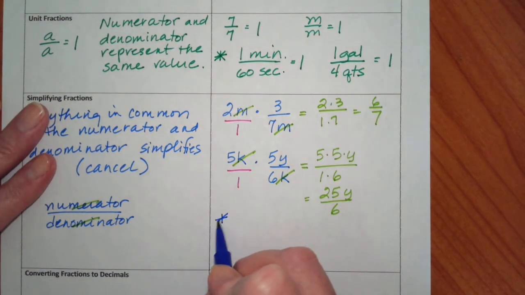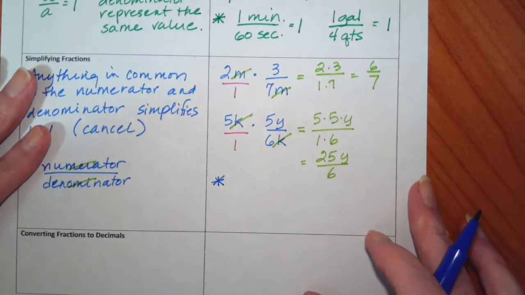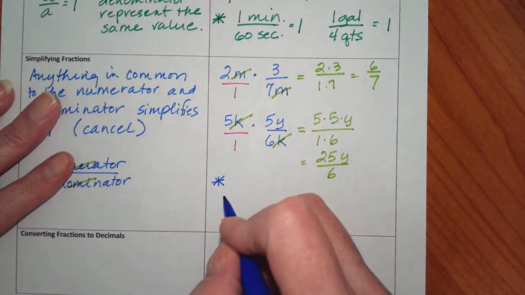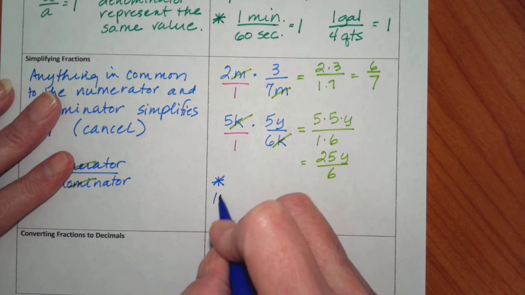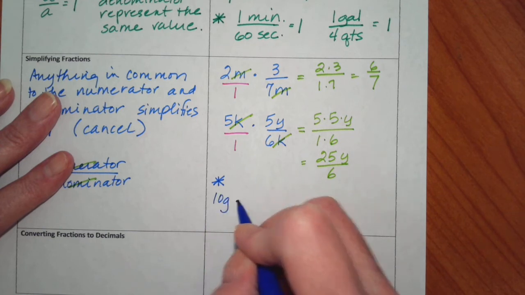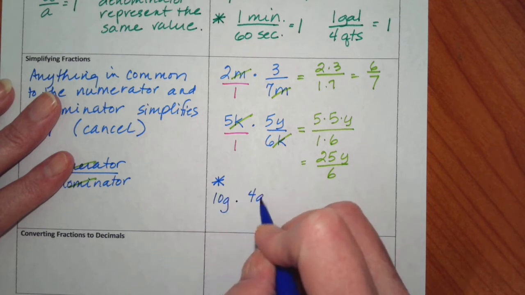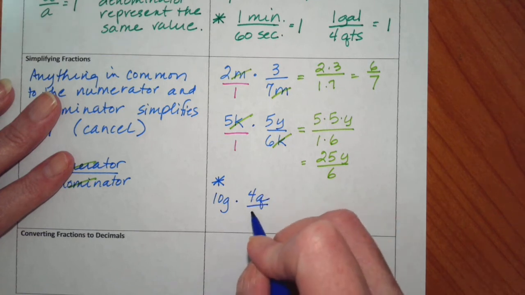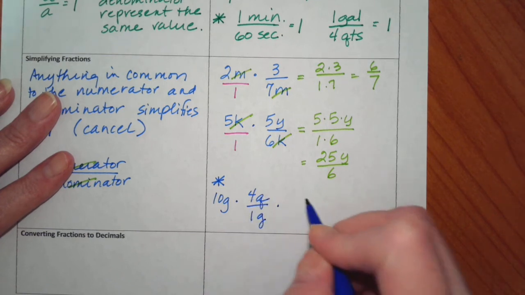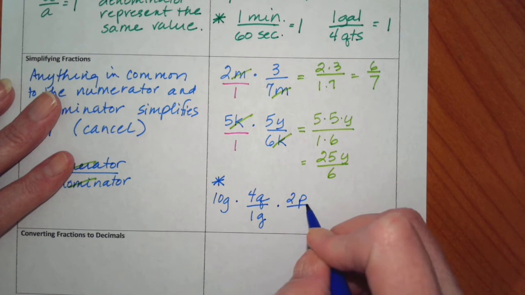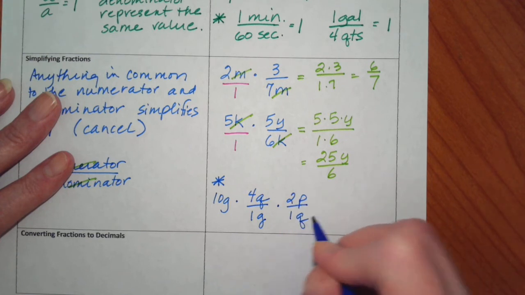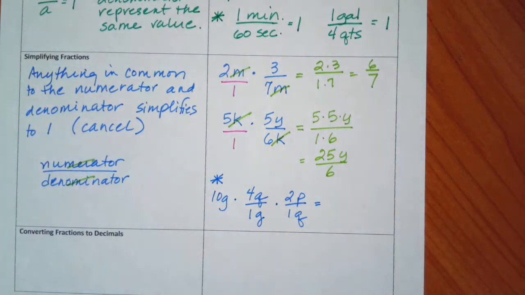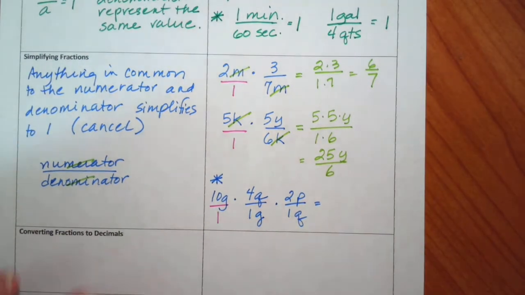Now I want you to put a star by this next one because this is where we're really going with all of this. If I have 10g times 4q over 1g times 2p over 1q. Okay, well, I have to put this over 1, of course.